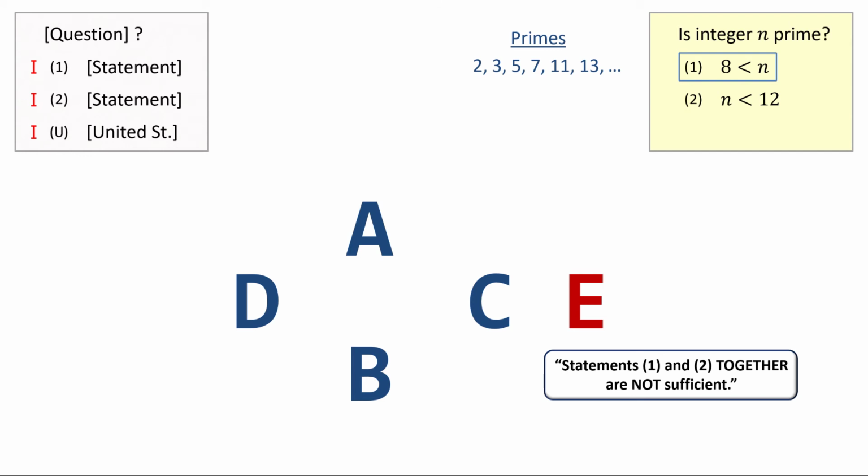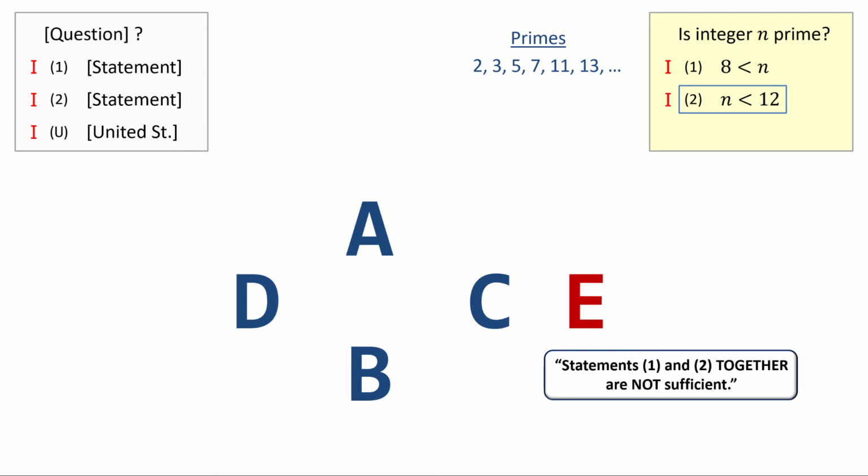Statement 1 fails to give a clear yes or no answer to whether n is prime, so statement 1 is insufficient. Statement 2 tells us that n is less than 12. This means n might be a prime number, such as 7, or a non-prime number, such as 6. So statement 2 is also insufficient.